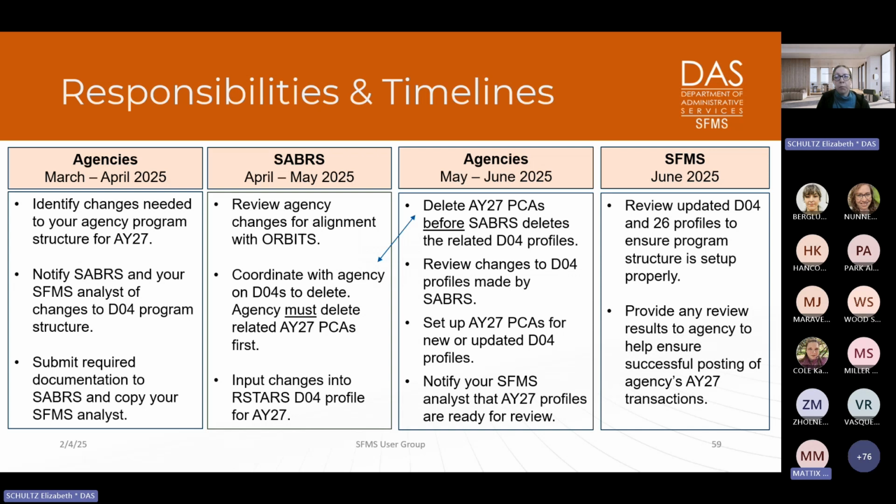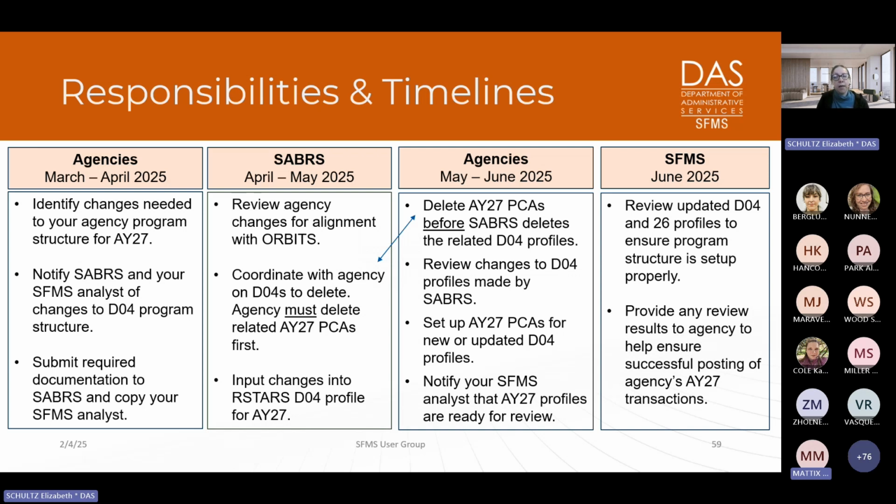Responsibilities and timelines. For agencies, if you're planning on making changes for AY27, in March and April, you want to take a look and see if you need any changes. Changes could be driven by an agency's decision to restructure. Maybe your existing program code structure isn't working for you. You want to make some changes.